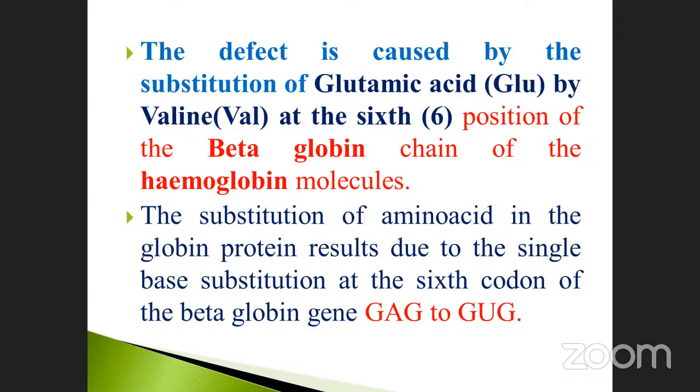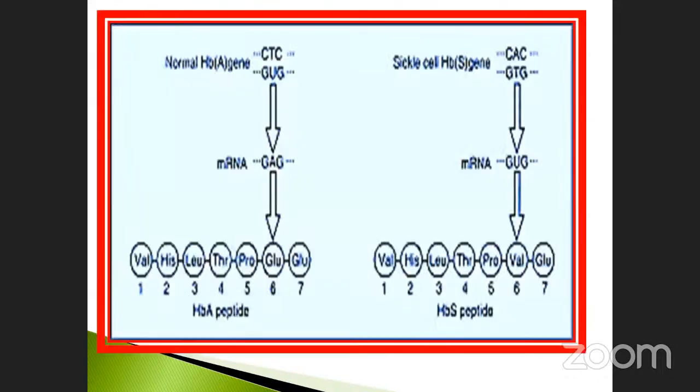GAG is replaced by GUG. See the position. GUG is valine, and GAG is glutamic acid. The glutamic acid is replaced by GUG, which is denoted as valine.